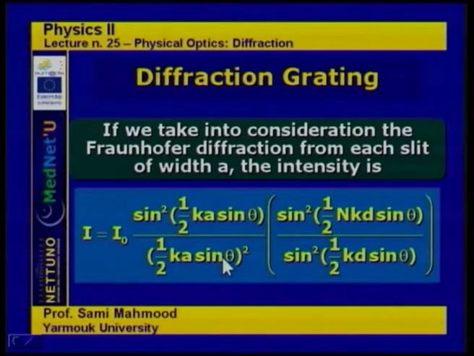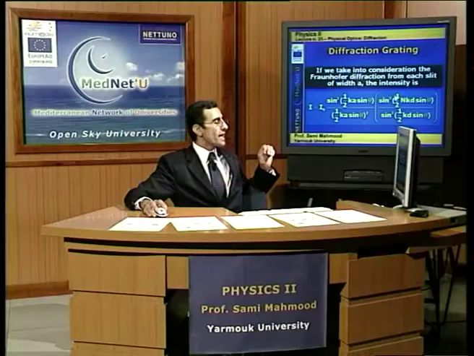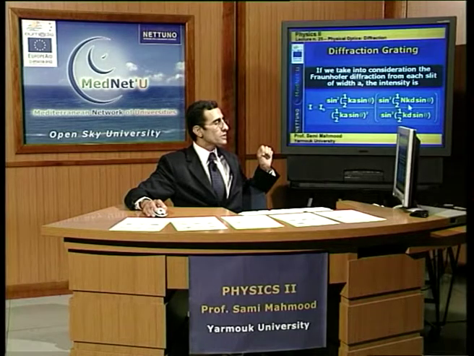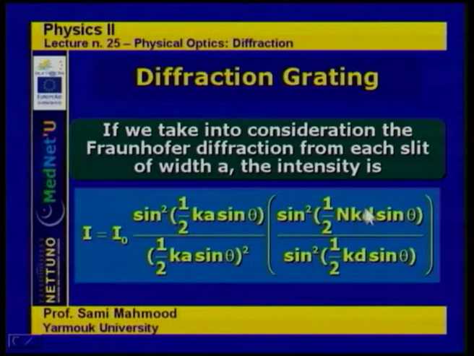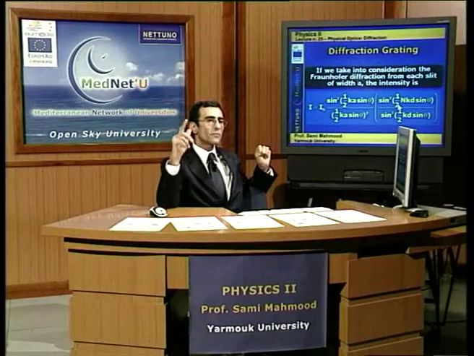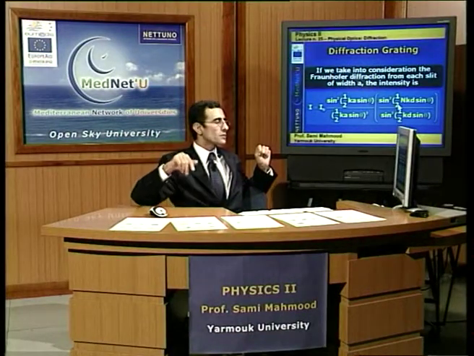We derived this by deriving Fraunhofer diffraction from a single slit. So this is the diffraction pattern that is due to diffraction from a single slit. And this term in parentheses is the term coming from the superposition of the signals coming from the different slits themselves.